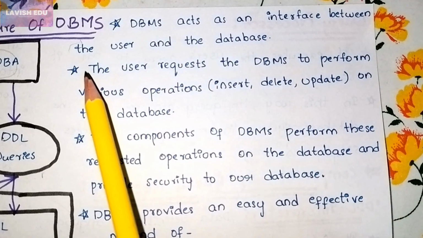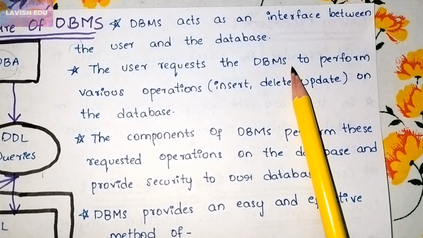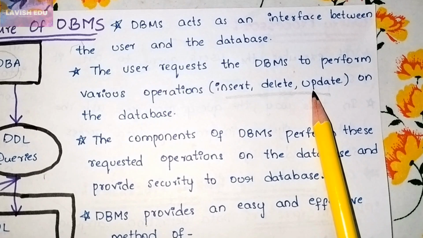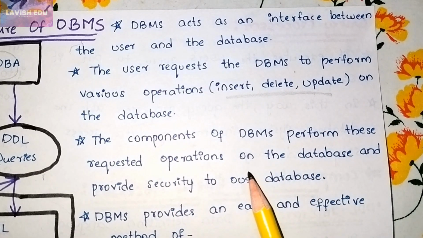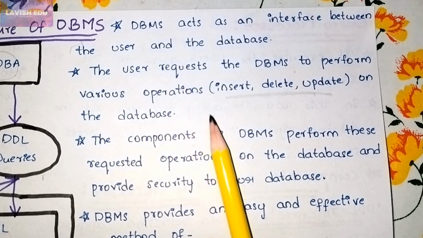DBMS acts as an interface between the user and the database. The user requests the DBMS to perform various operations like insert, delete and update on the database. The components of the DBMS perform these requested operations on the database and provide security to our database. So what is this DBMS?